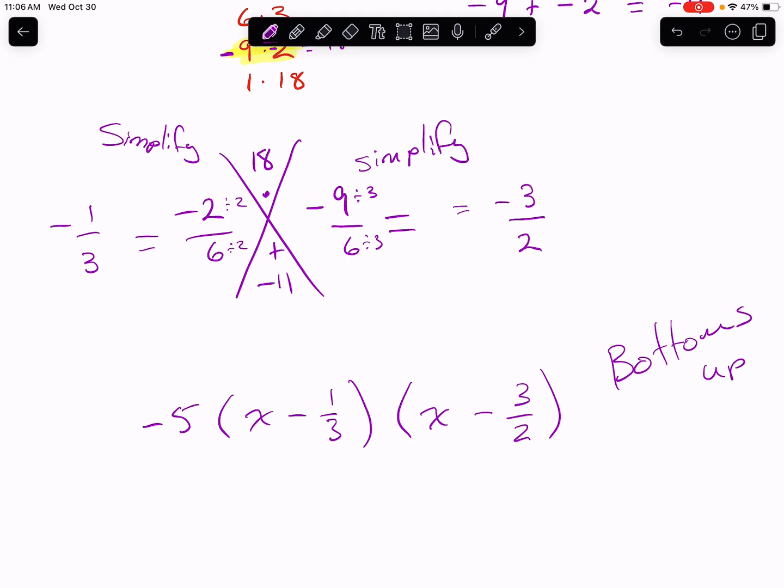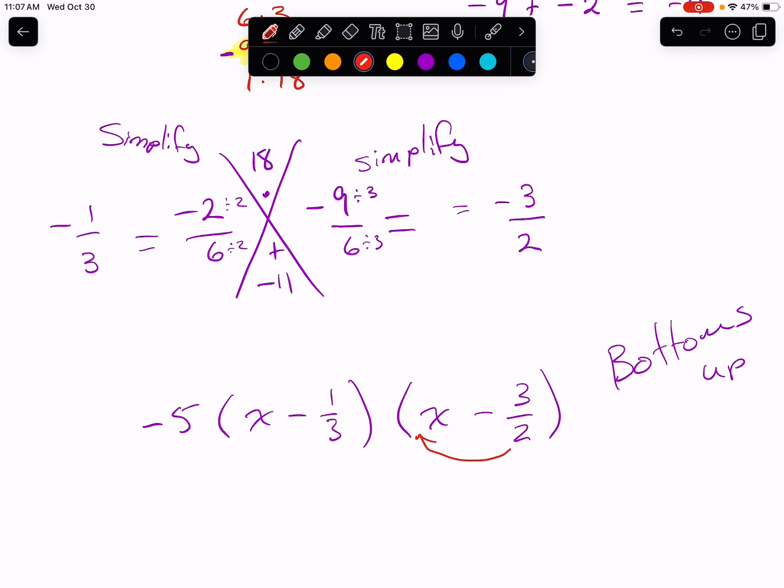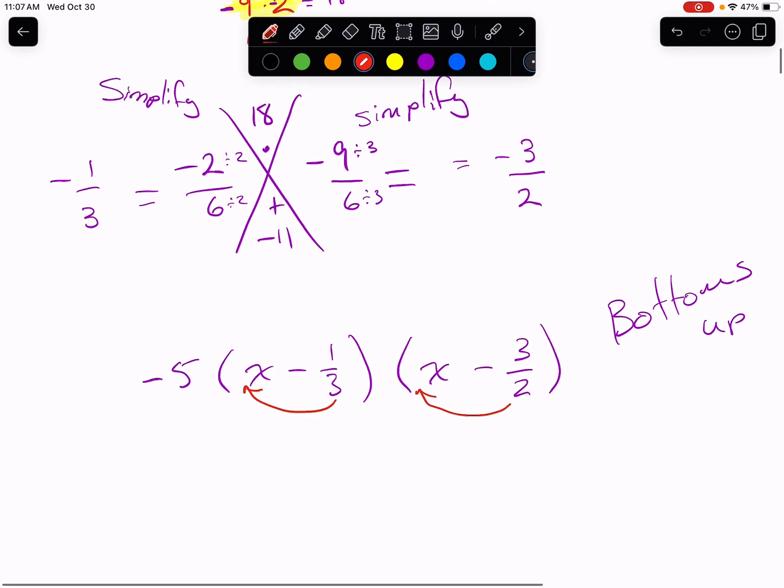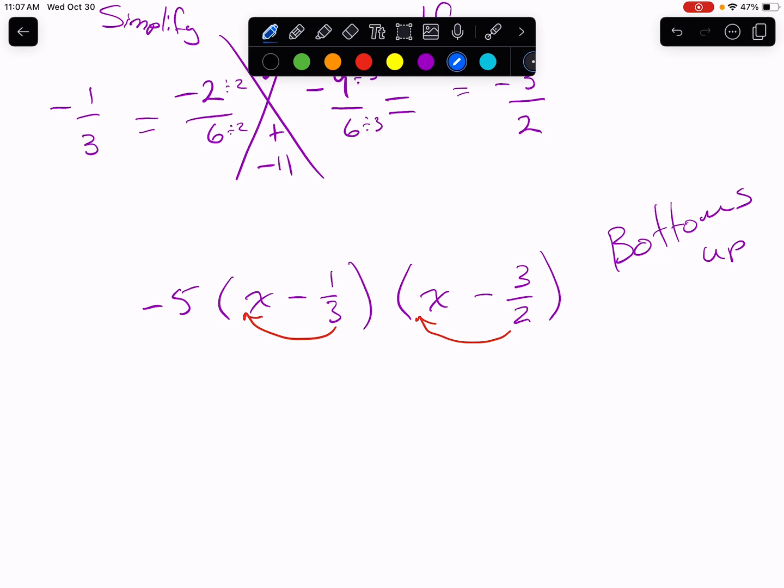The number on the bottom goes up in front of the x. So our answer, or our factors, are negative 5, 3x minus 1, and 2x minus 3.